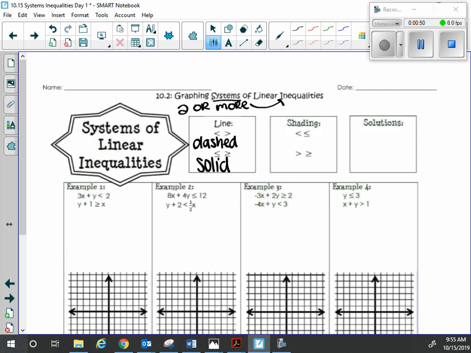Same rules. Okay, and then similarly, if you are shading for an inequality that is either less than or equal to, your shading will be below the line. And if it's greater than or equal to, your shading will be above the line.